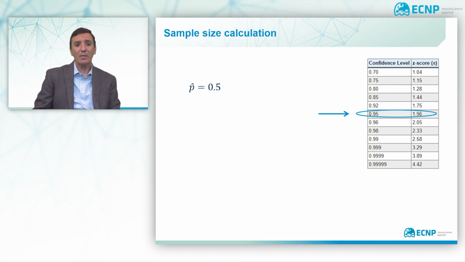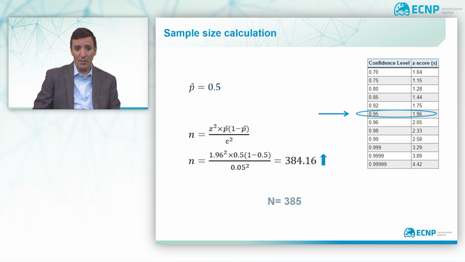Entering the data into the equation with epsilon reflecting a 5% probability of error yielded a result of 384.16. This result should be rounded to a higher whole number, meaning 385.